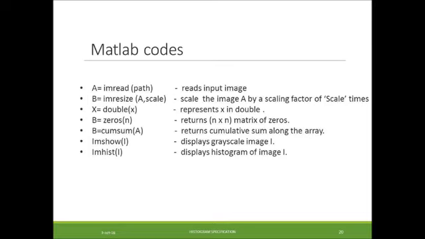Now let's put hands on Matlab for a better feel of the histogram specification. These are the commonly used codes which are very important for histogram specification. A equal to imread of path is used to read the input image.